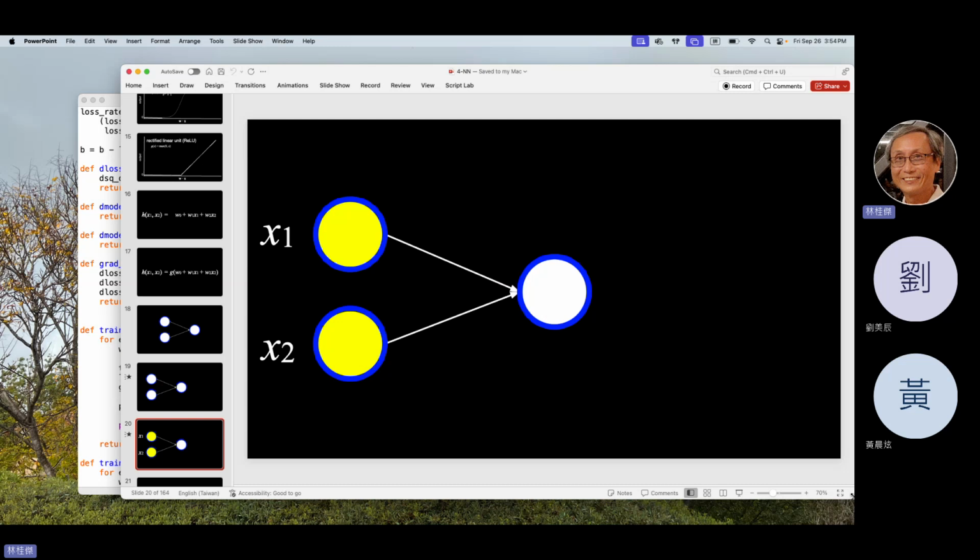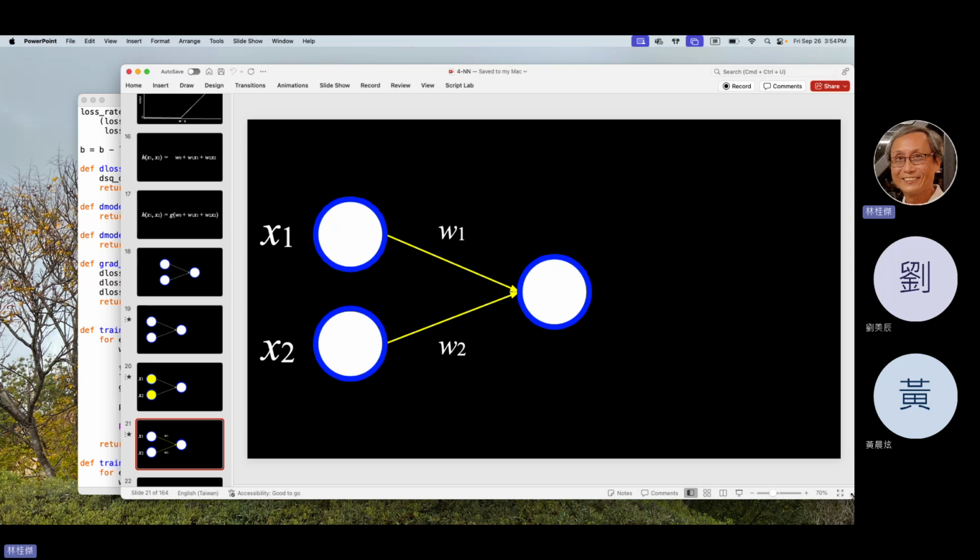One is going to be x1, and the other one is going to be x2, and we want each of the neurons to somehow make a decision and then pass some of that information to the next one.